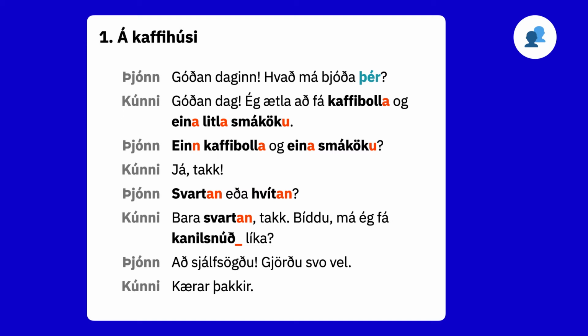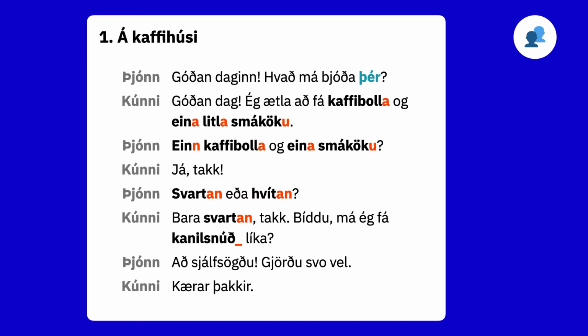We won't worry about the dative for now, so we'll skip over that and we'll go straight on to the accusatives. The first one we have there is kaffibolla in ég ætla að fá kaffibolla, and then we have eina litla smáköku.